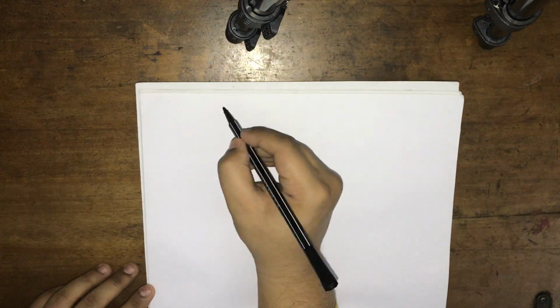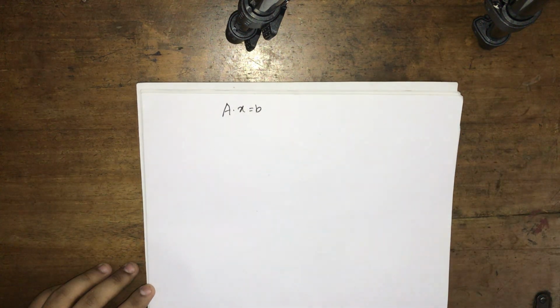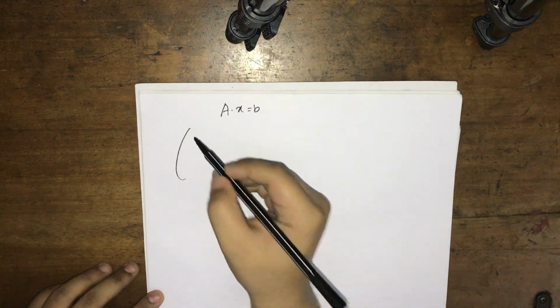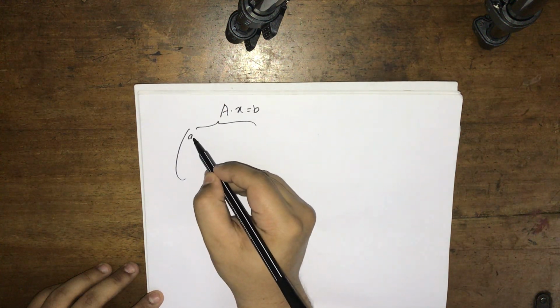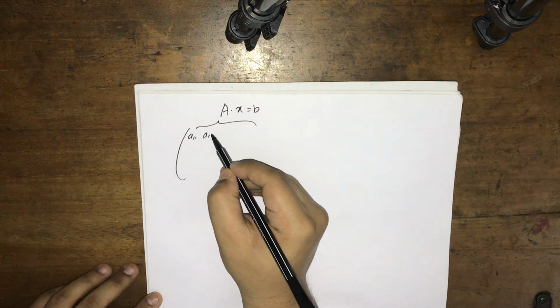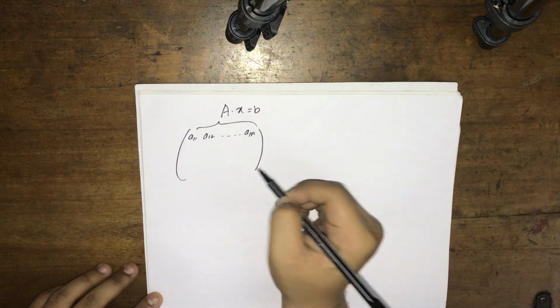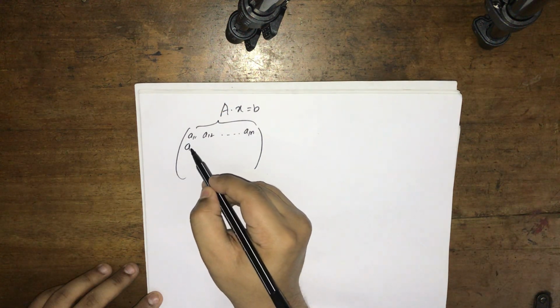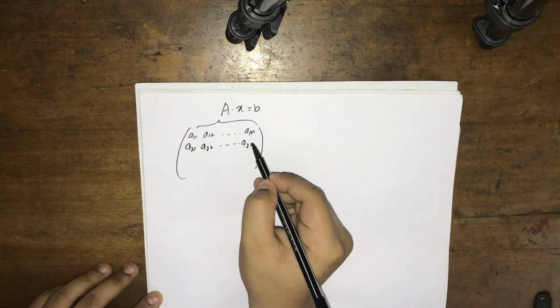So here, my matrix equation was A multiplied with X equal to B. The A matrix starts with the first element A11, the second element of the first row A12, and goes up till the nth element A1n. The second row starts with A21, A22 and goes up till A2n.